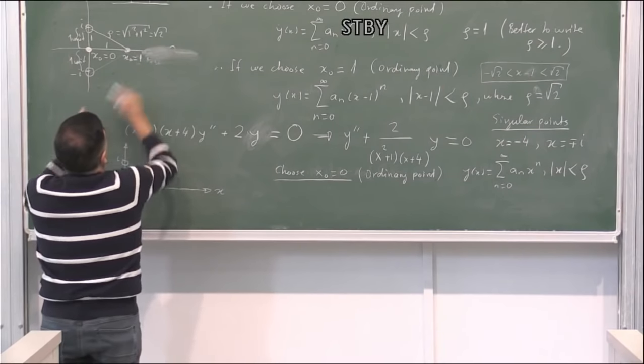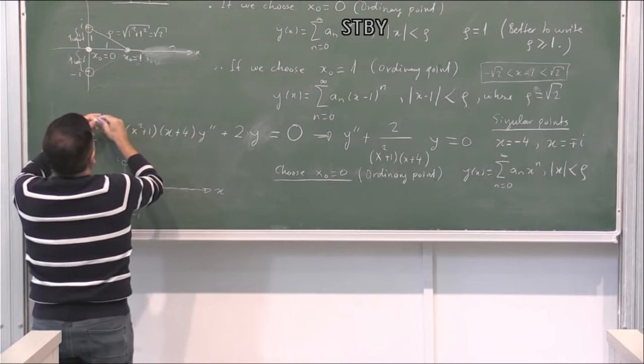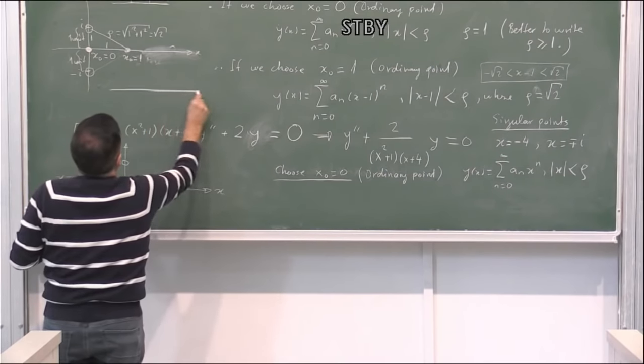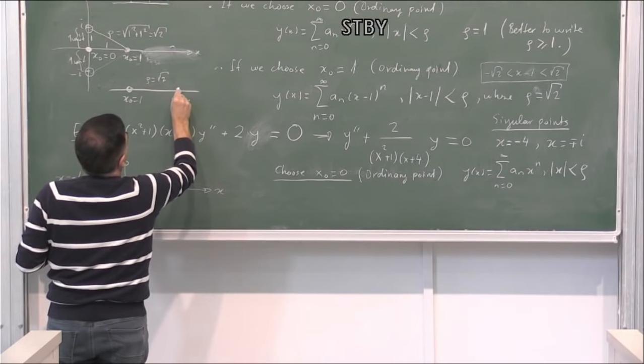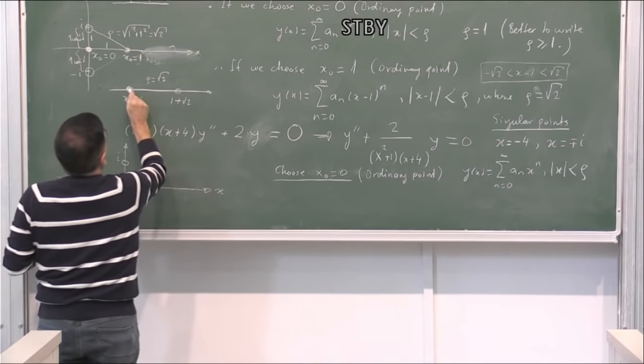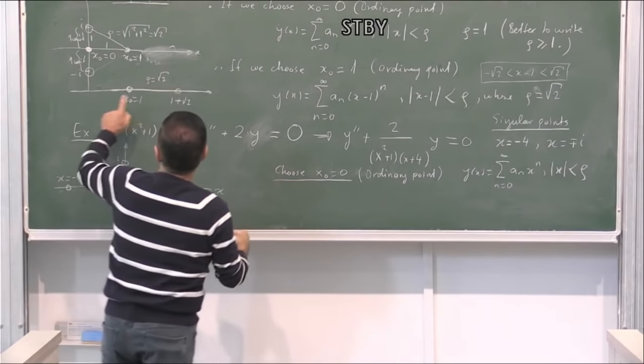So the x interval is that. And the radius is radical 2, so 1 plus radical 2. Okay, so we are interested in that interval.